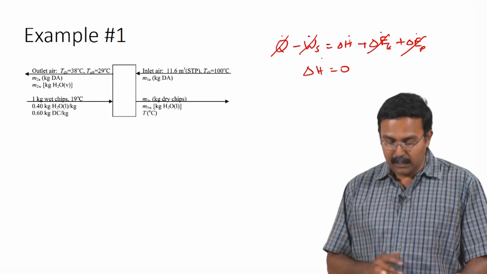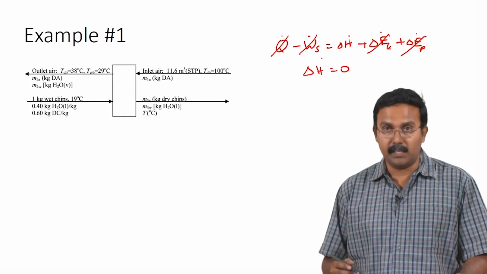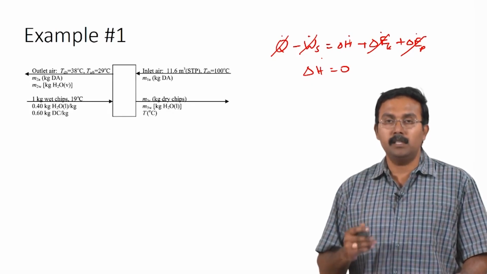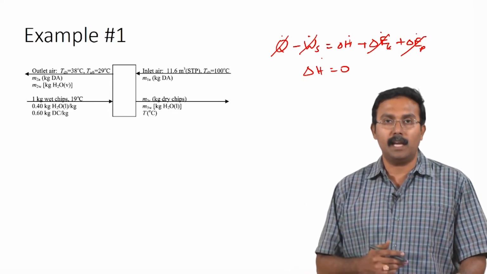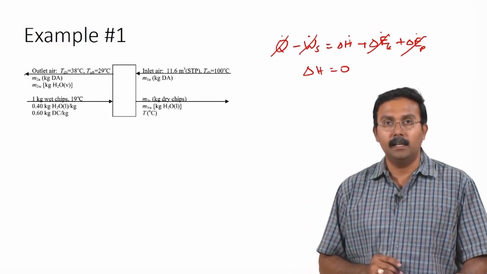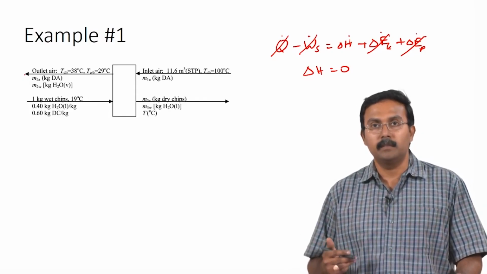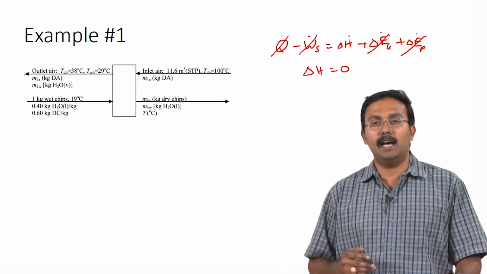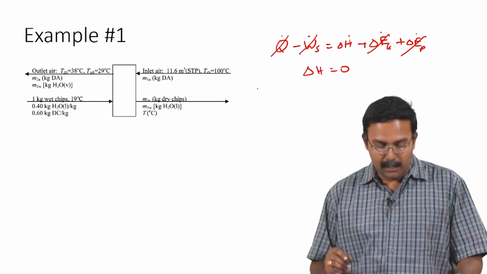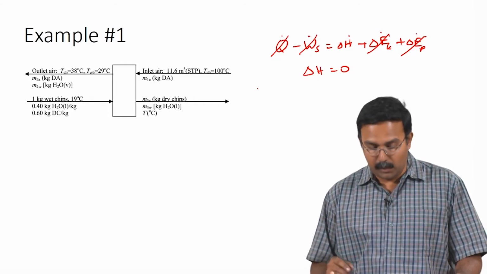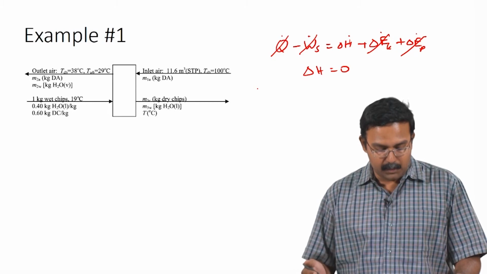So, let us start writing the enthalpy table, before which we will have to identify the reference states. Since we are using the data from the psychrometric charts for the enthalpy of the exit stream, which is outlet air, we should use the reference states from the psychrometric chart only. So, the reference state for dry air and water would be dry air and water liquid at 0 degree Celsius, and I have also used dry chips at 0 degree Celsius.